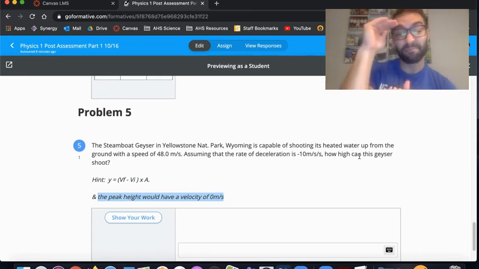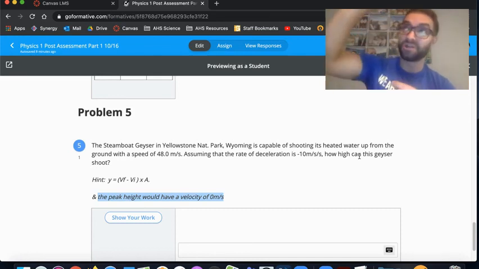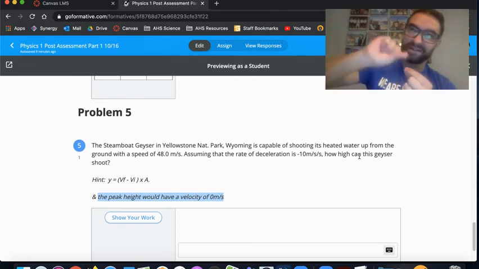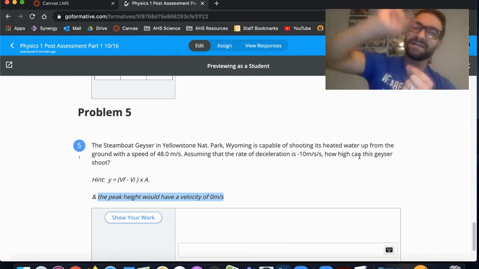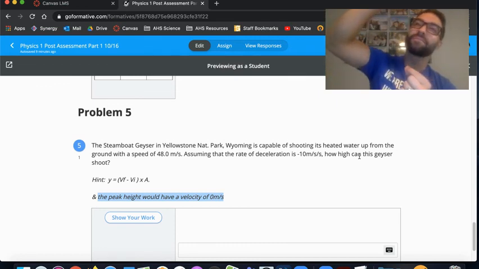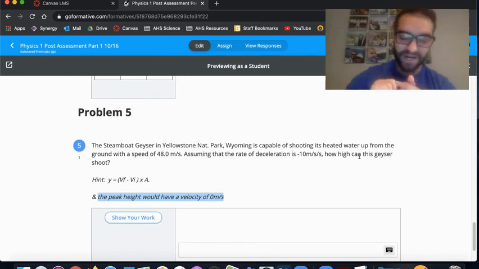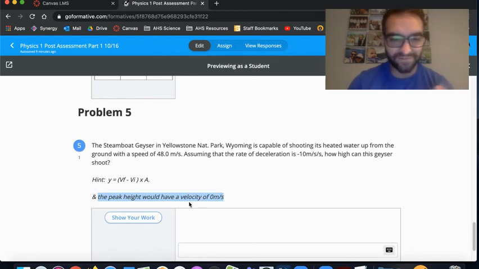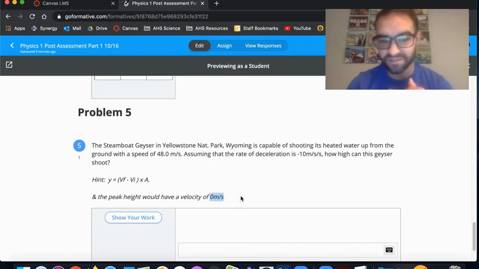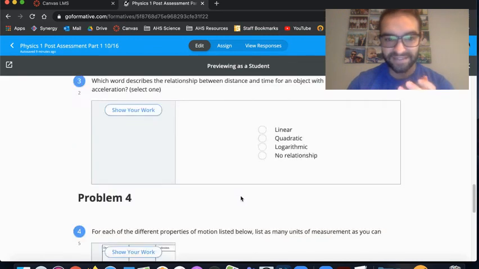So that's getting to the peak of its shot right up into the air. So when it gets to its peak, technically it would come to a stop before gravity brings it back down. So I kind of wanted to help us out just a little bit with that. At the peak of this, which is also answering the question, technically the velocity would be 0 meters per second there. Okay, so that's it.